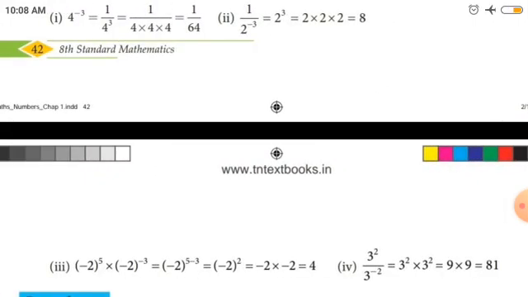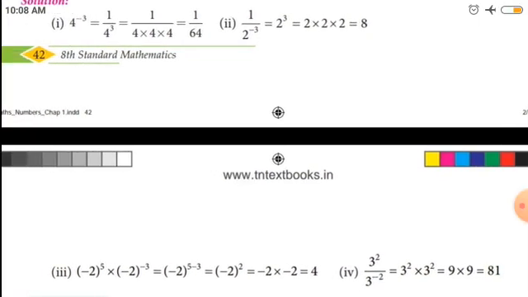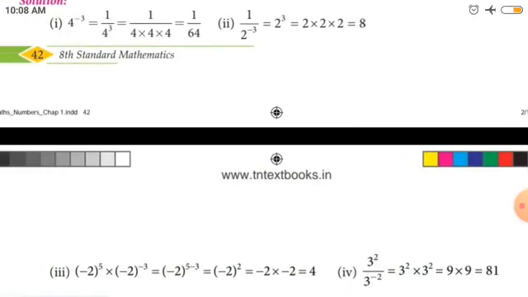Next, the fourth question: 3 to the power 2 divided by 3 to the power minus 2.